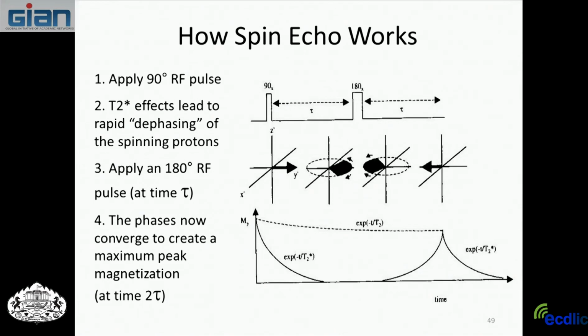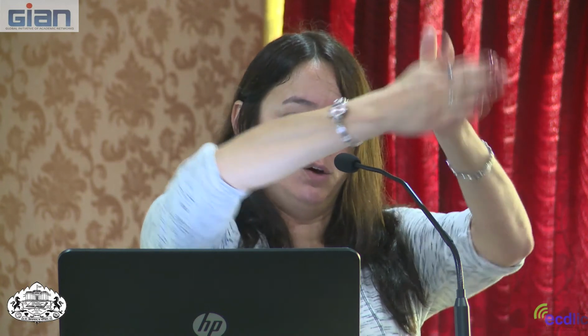However, at a time of tau shown here, as these are spinning in the plane, we're going to apply a 180-degree pulse. And what's going to happen is that they're going to keep spinning, but they're not going to change directions of their spin. So since we flipped it over, before they were diverging, and now they're going to converge, and all our proton phases are going to go back to a single point.